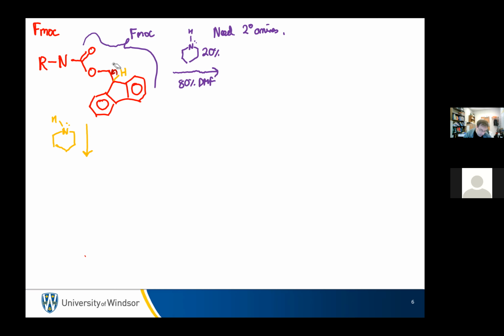Yeah, I'm gonna draw the arrow all the way around. So we deprotonate that hydrogen. Why?